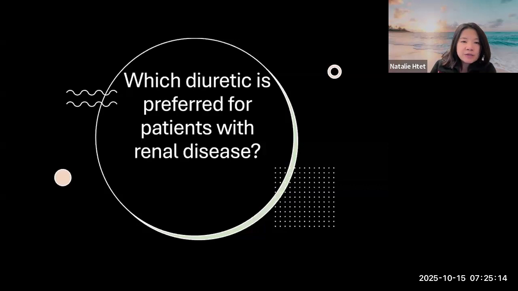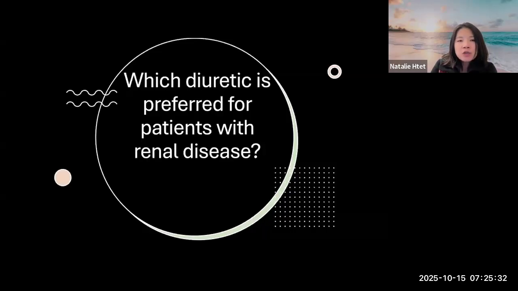There's also a ceiling effect, meaning after a certain dose, you're not getting as much urine output as you desire. So escalating doses beyond the ceiling effect yields diminishing returns. You might have noticed this already in practice.